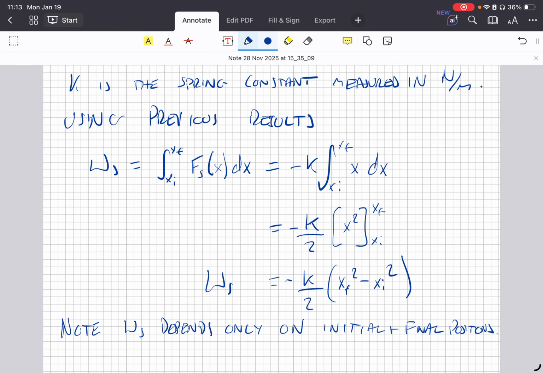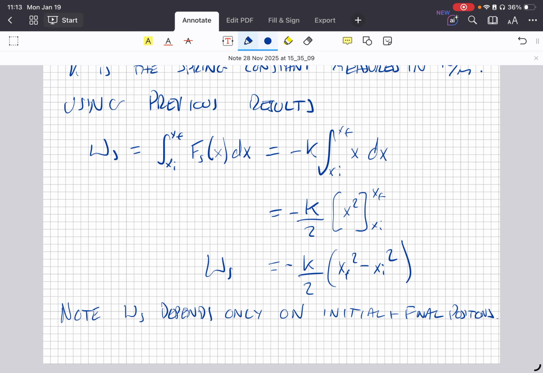Okay. Also, let's think about whether the work done is positive or negative. So if I end up at some final position which is larger than my initial position, and bear in mind that because these are squared, it doesn't matter if I'm on the left-hand side or the right-hand side of the equilibrium position. If my net distance away from the equilibrium position is larger in the end, then this bracketed term here will be positive, and I end up with a negative value for the total work done.